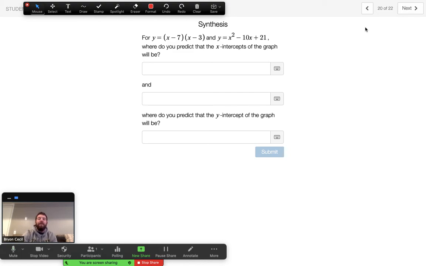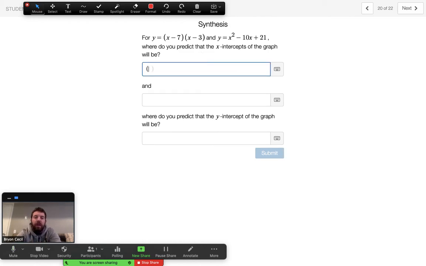So there we go. x minus 7 times x minus 3. What do you notice will be the prediction on the x-intercepts of the graph? Guys, we know that factored form gives us the solutions, or what makes the output equal 0. So if this is x minus 7, we know that this needs to be a 7, 0.